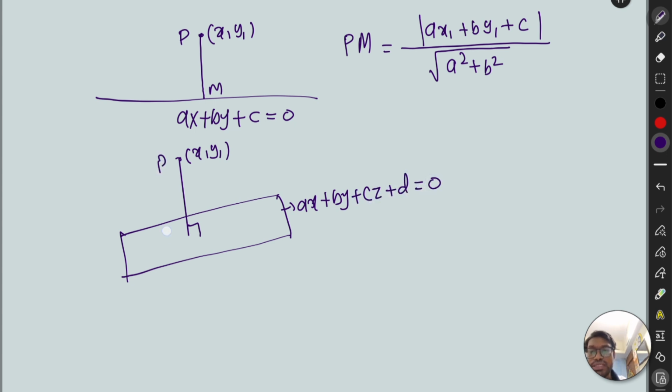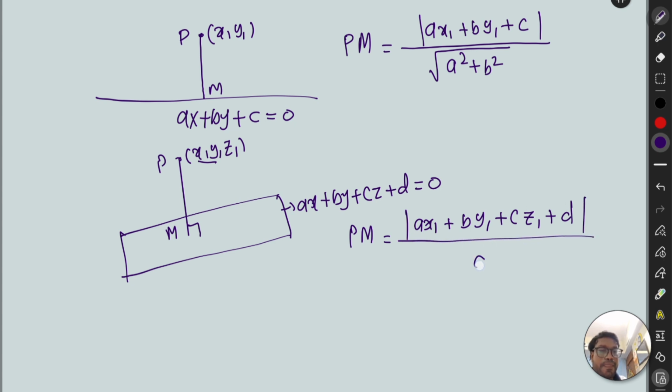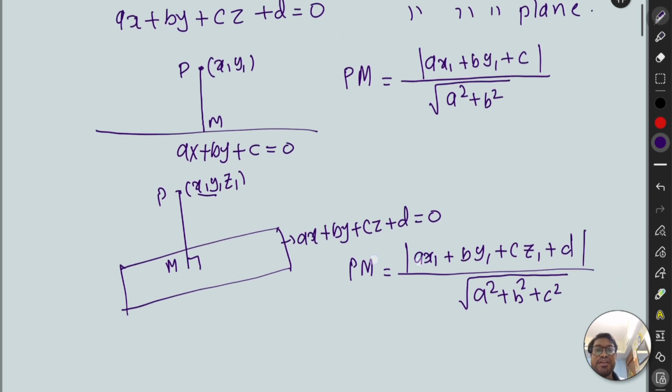In this case also, PM distance will be, just substitute this point into the plane: ax1 plus by1 plus cz1 plus d, divided by the square root of a square plus b square plus c square. This is the perpendicular distance from a point.